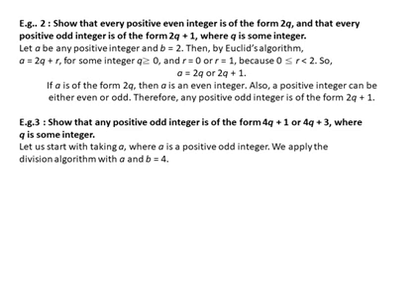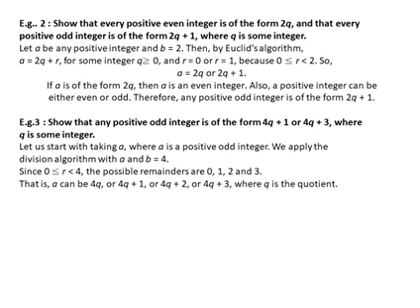When a number is divided by 4, what about the remainder? The remainder will be 0, 1, 2, 3. So a is equal to 4q plus r. If I apply the remainders, you will get 4q, 4q plus 1, 4q plus 2 or 4q plus 3. Here 4q is an even number.